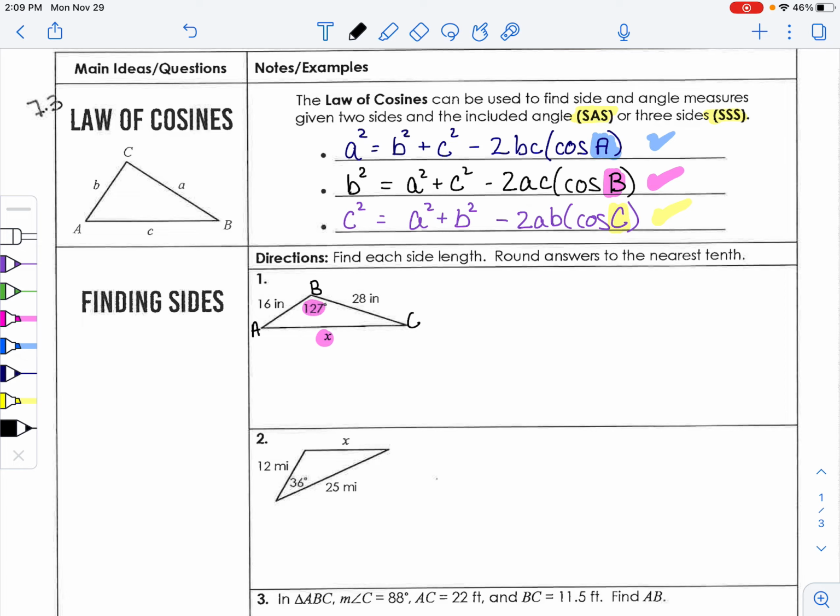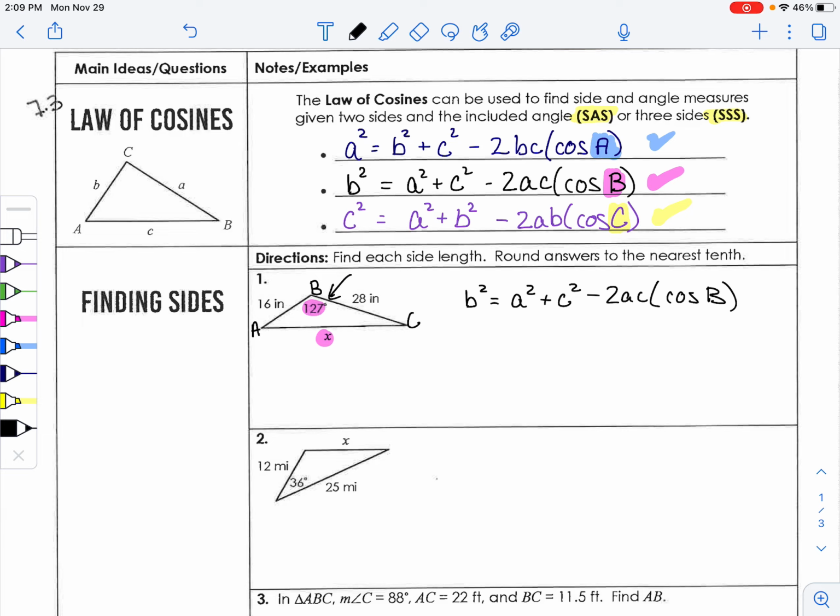So I'm going to use B squared equals A squared plus C squared minus 2AC multiplied by the cosine of angle B. The reason I'm using this version is because I know what angle B is. Angle B is 127. So I'm going to fill in the blanks.